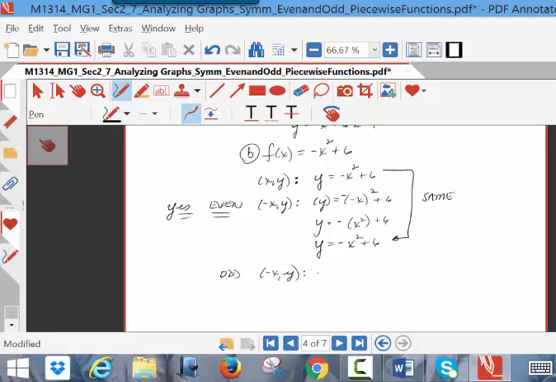So this would be replace y with negative y. Here's the equation I'm working with that I'm replacing. So I'm going to have y replaced by negative y, and x replaced by negative x.